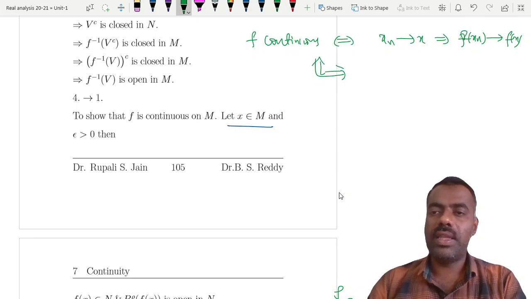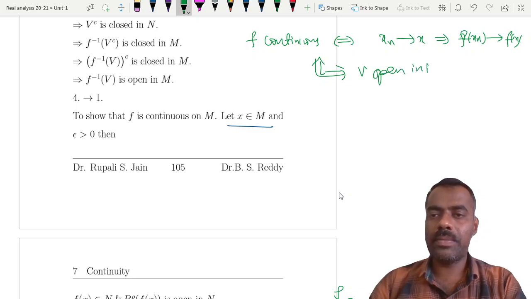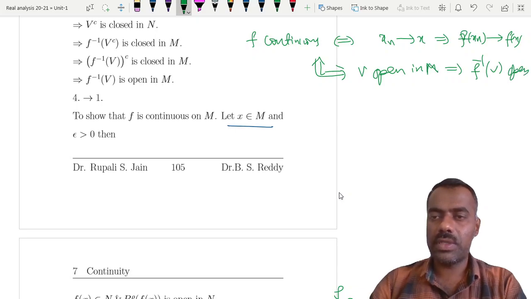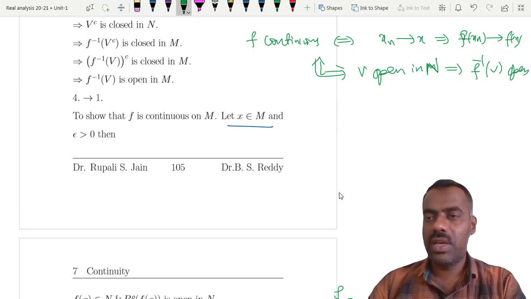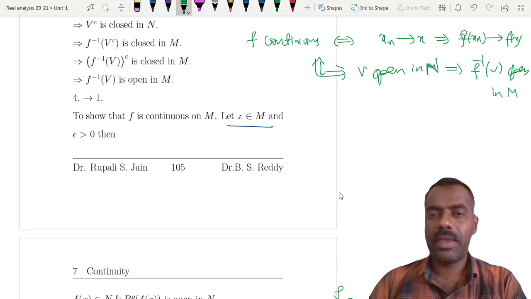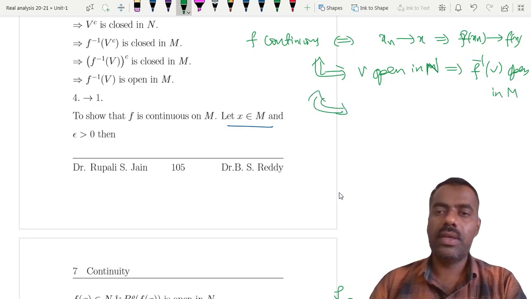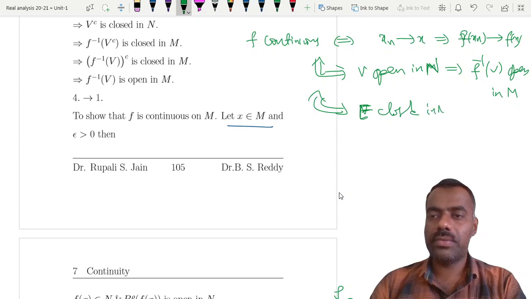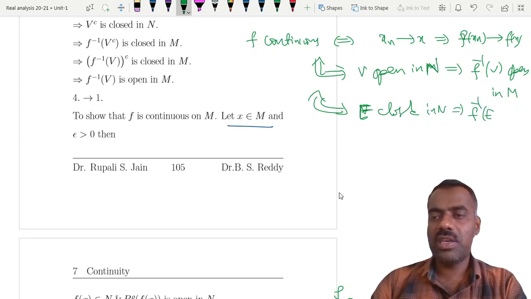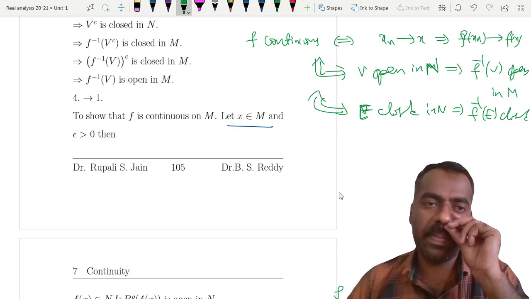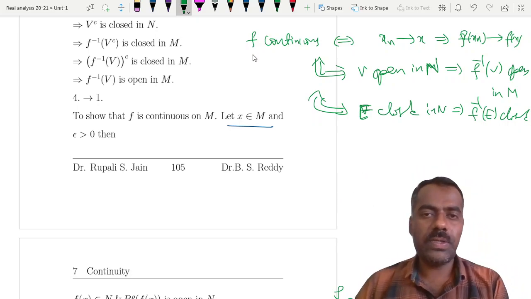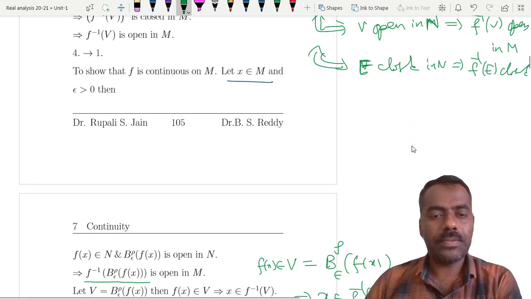Another way we have proved is that whenever V is open in N, then f inverse of V is open in M. It is also equivalent to proving that if E is closed in N, then f inverse of E is closed in M. So any of these 3 we can use for continuity, right?